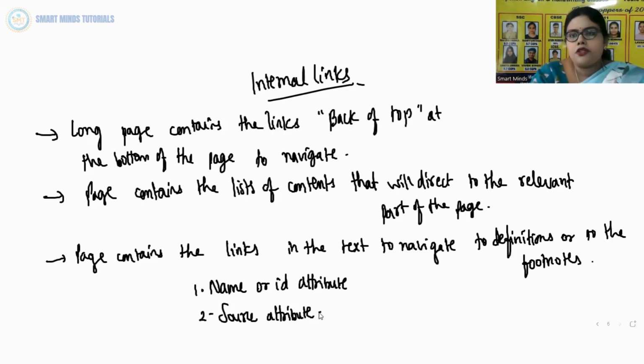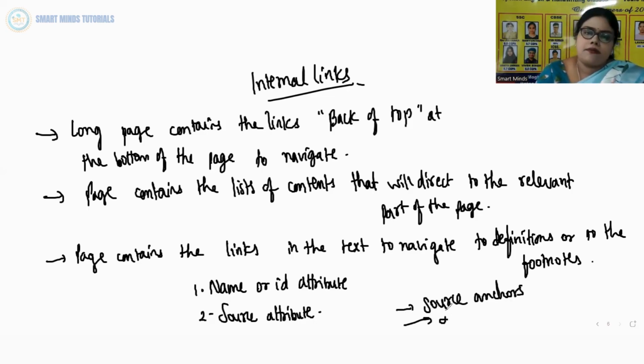So the linking to the specific parts of a page can be achieved by using source anchors and destination anchors, as I told you earlier. So first let us understand about source anchors. What are source anchors?